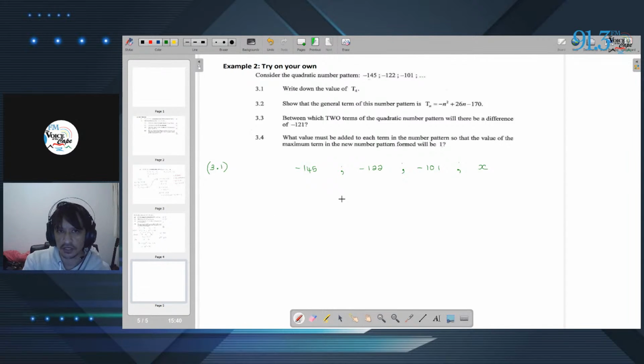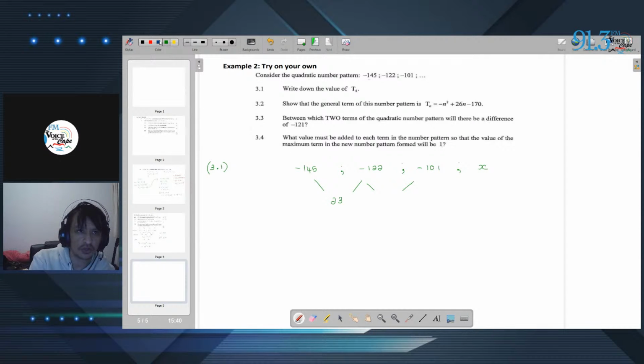Step 1, remember they tell us it's a quadratic number pattern. So what do we do? Find the first difference first. So we say negative 122 minus negative 145 is going to give us a value of 23. Then we find it between the third term and the second term.